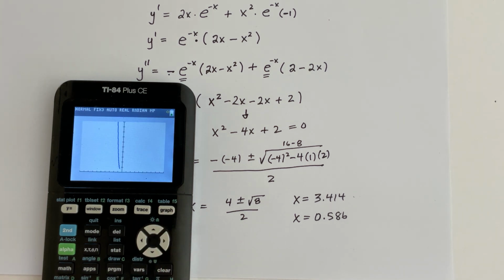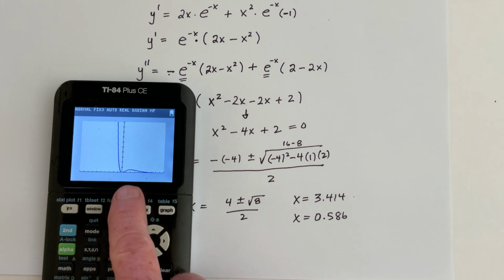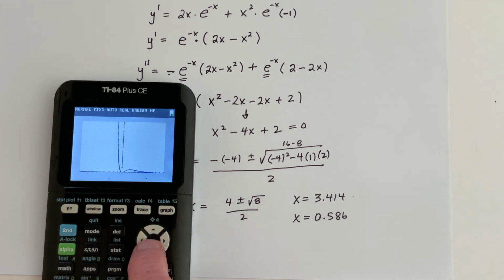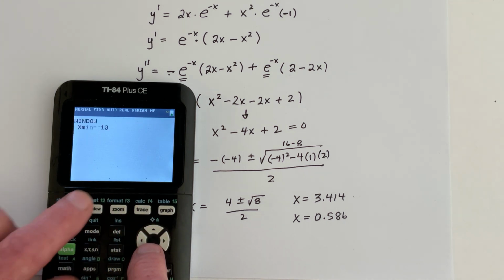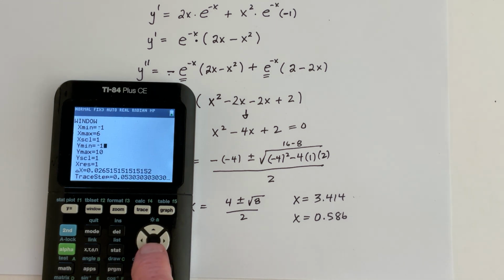And then you could see that it drops down, it bumps off of the x-axis. And then what's happening at, I think I need to change my window a little more because I need to be closer to these values. So maybe from -1 until 6, and then -1 until 6.